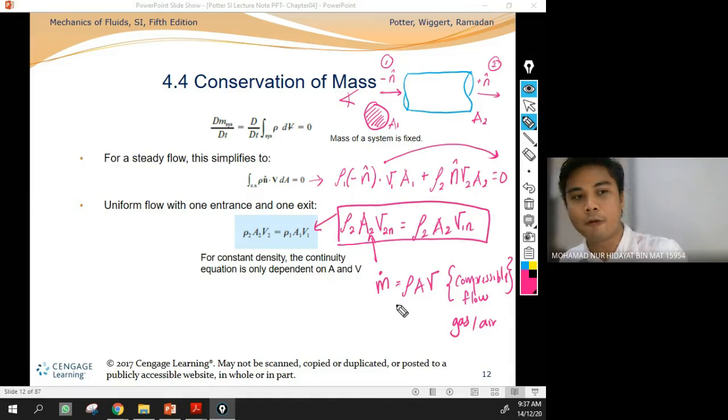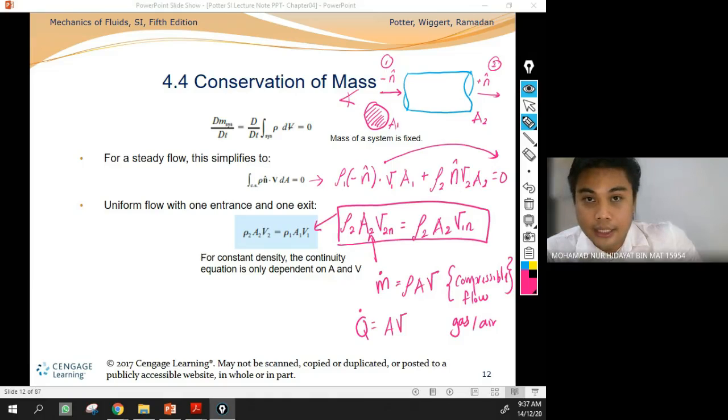When it involves water, incompressible, we call it the volume flow rate, because density is constant. Remember that for incompressible flow, density is constant. For example, water. Water is hard to compress, so the density is very hard to change.